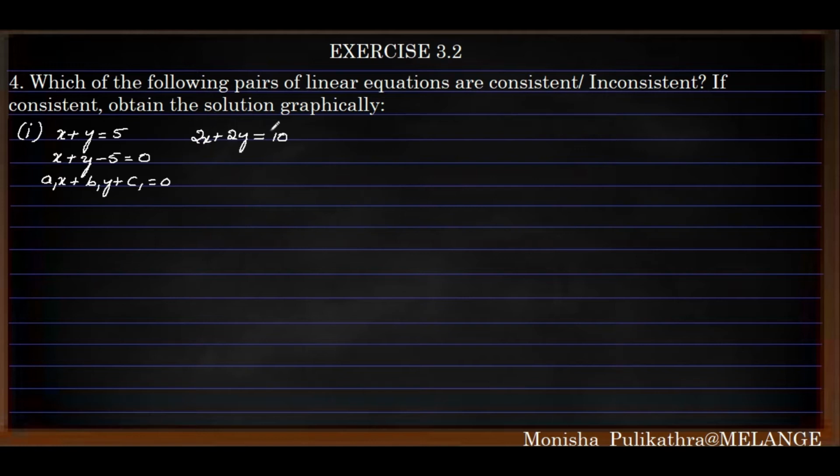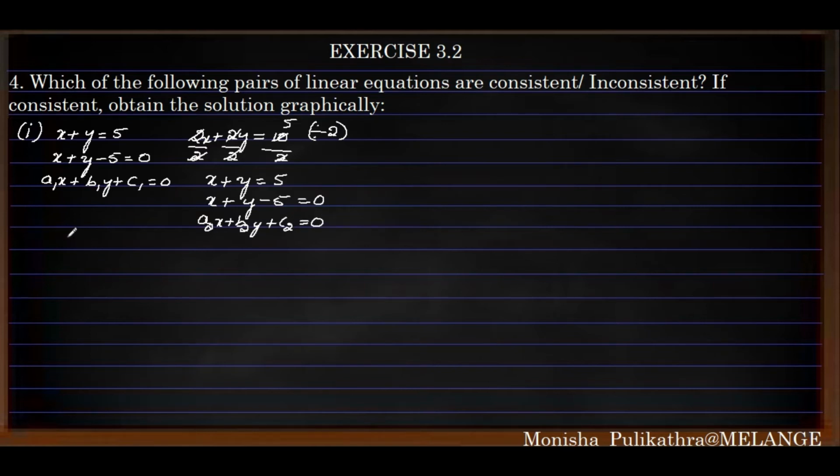Since all the 3 numbers are divisible by 2, we can divide throughout by 2. Here 2 ones are 2, here also 2 ones are 2, here 2 5s are 10. So the equation will turn out to be x plus y is equal to 5, which we can write as x plus y minus 5 is equal to 0, which is in the form a2x plus b2y plus c2 is equal to 0.